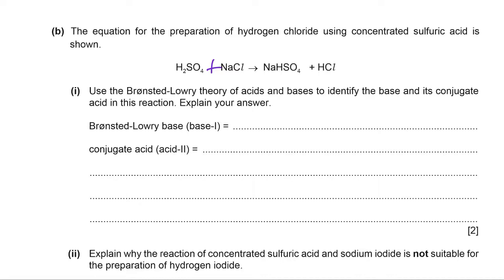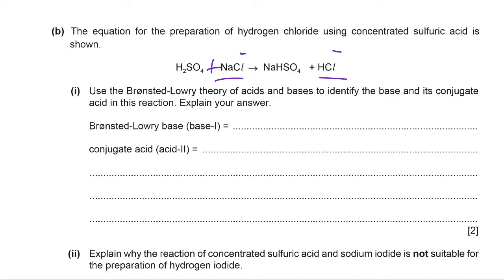According to the Bronsted-Lowry theory of acids and bases, use this theory to identify the base and its conjugate acid in this reaction. Explain your answer. The Bronsted-Lowry base is the one which will accept the hydrogen. In sodium chloride, the Cl will accept a hydrogen and be converted into HCl.